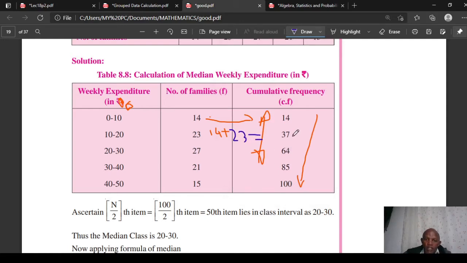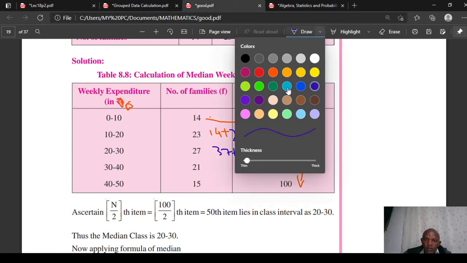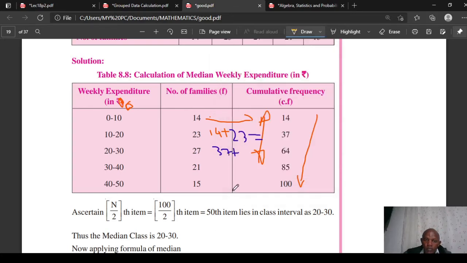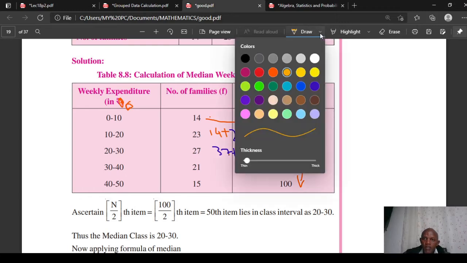Then once you get 37, you add 37 plus 27. That will give you 64.